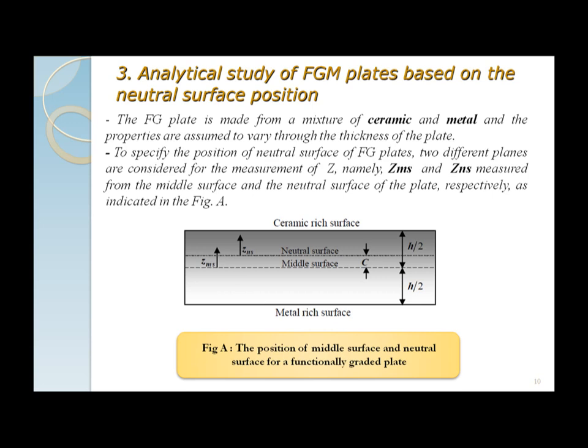The specific position of neutral surface of FG plate to different planes is considered for the measurement of z, namely z_NMS and z_NS, measured from the midline surface and neutral surface of the plate, respectively, as indicated in figure A.